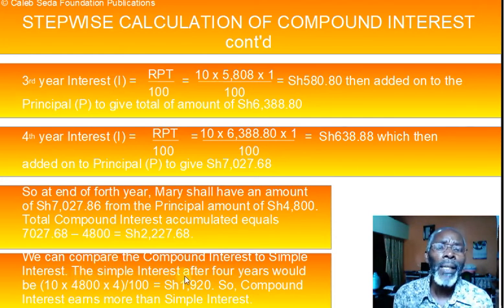The simple interest after 4 years would be rate times principal times time, which is now 4 years, over 100, giving a total of shillings 1,920, which we can see clearly is less than the compounded interest of 2,227.68 cents. When we compare, we see that compound interest earns more.